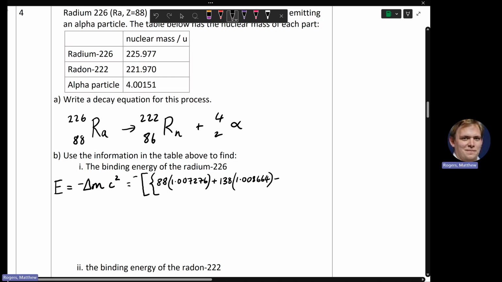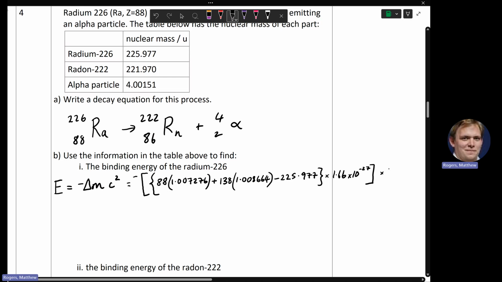Take away the mass of the radium nucleus, so that's 225.977. So that's the close of our curly brackets. Then we need to multiply that by 1.66 times 10 to the minus 27. That closes our square bracket. So that's delta M in the correct units.